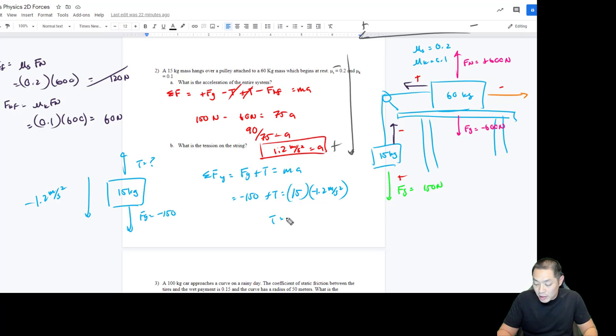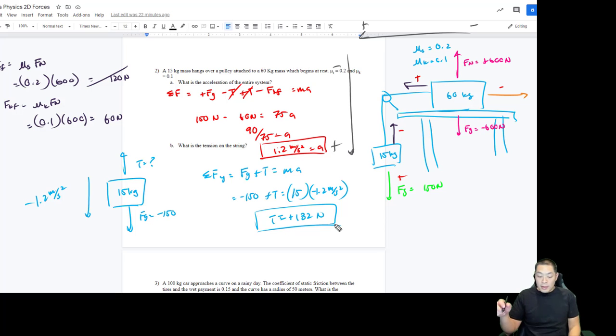Then you just solve for T. You get 132 newtons, and it's up, or in this case we labeled it as positive. So hopefully it makes sense. Tension is only 132, Fg is 150, so Fg is bigger, so it should go down.